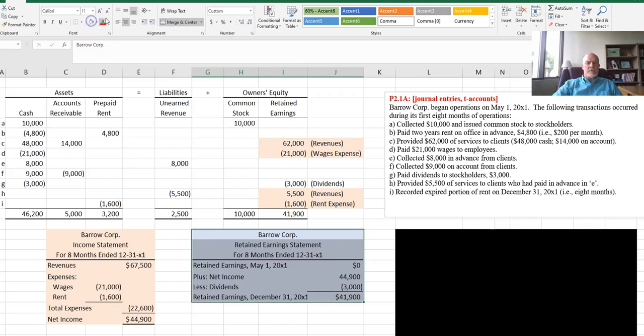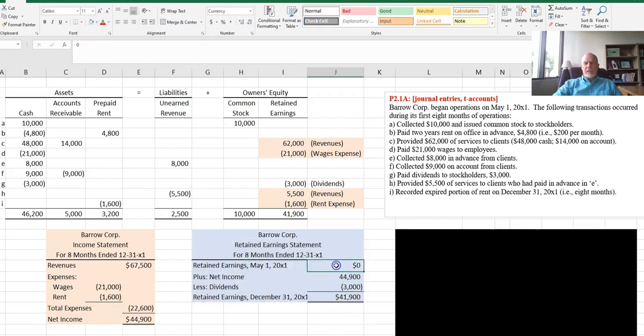And the formula is beginning retained earnings, which was 0, plus the net income, which we already calculated over here on the income statement, $44,900. Minus dividends. Well, $3,000 of dividends is a reduction in retained earnings. And that's how we got to the ending retained earnings of $41,900 at the bottom of the column.